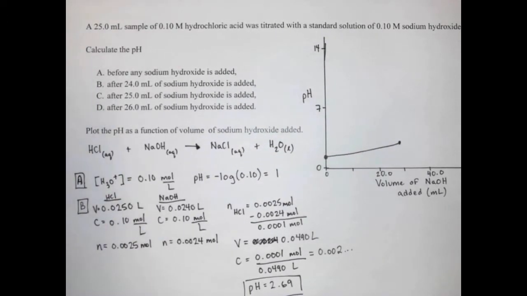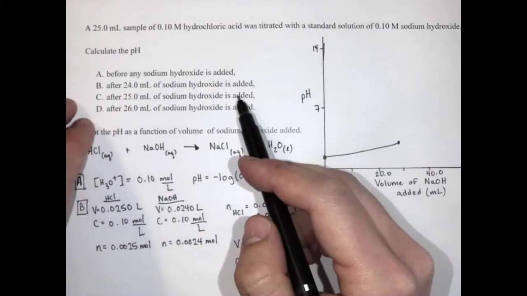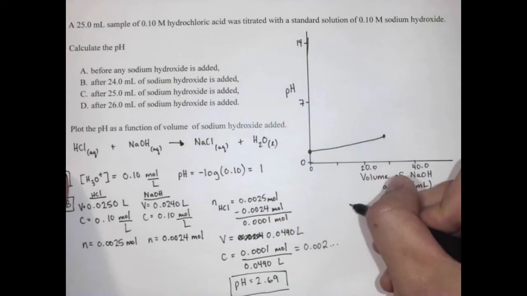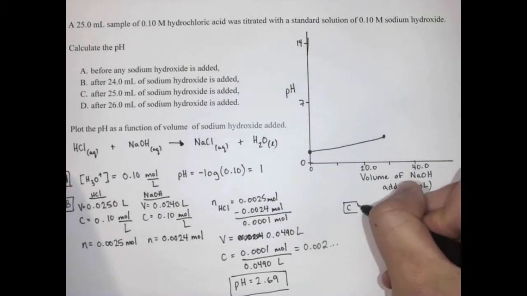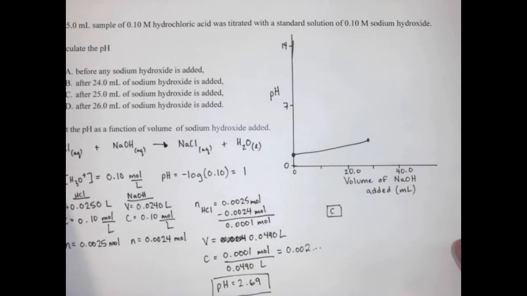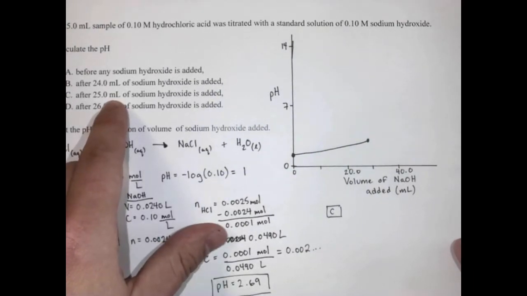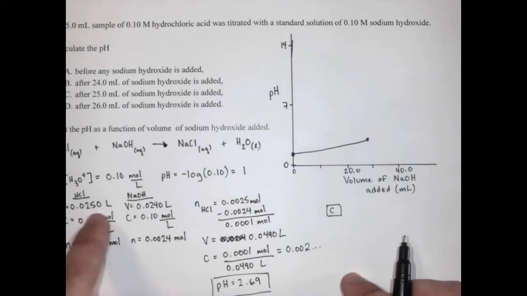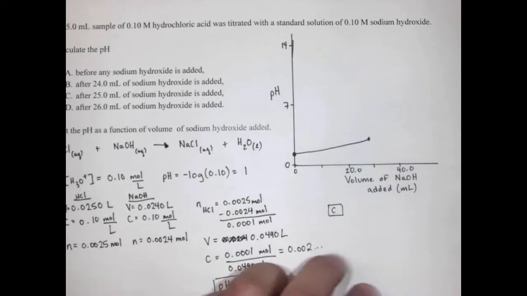All right, let's see what happens after I get to where I think I'm going to reach neutralization. At situation C, I've added 25 mils of sodium hydroxide. I'm not going to write out all this stuff again, but we can do the math.